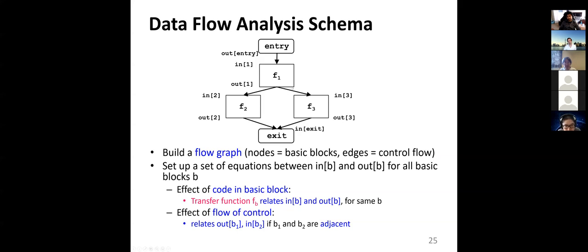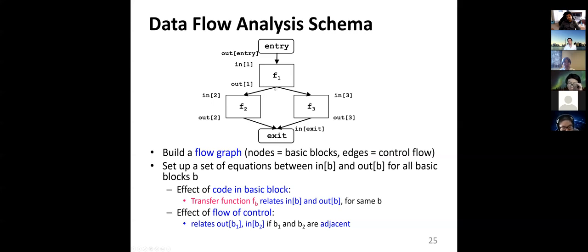Each block has a transformation effect based on its statements, so it can change the input information it gets based on the statements it has. And when, for example, basic block 1 had an edge going into basic block 2, we also had trivial equations where input of 2 equals output of 1.